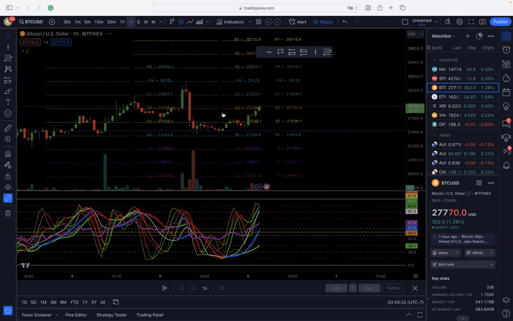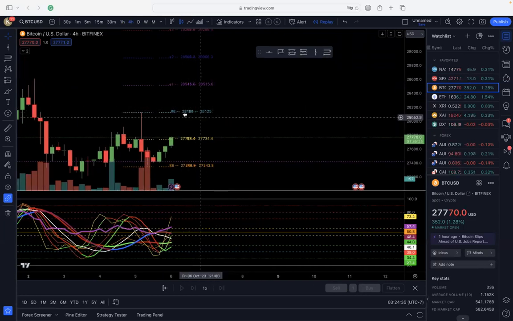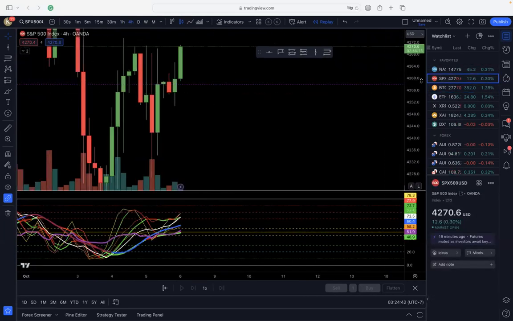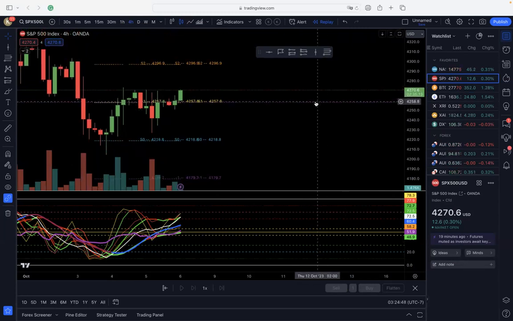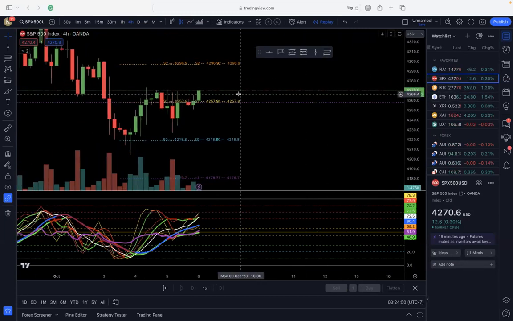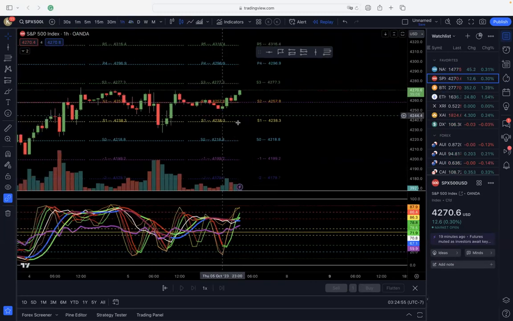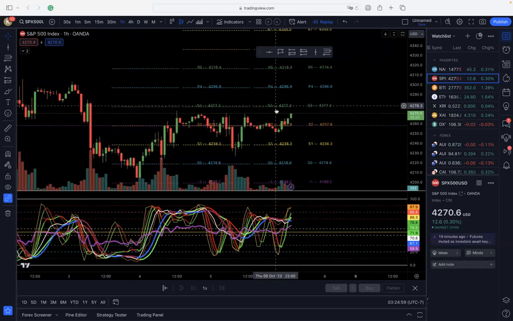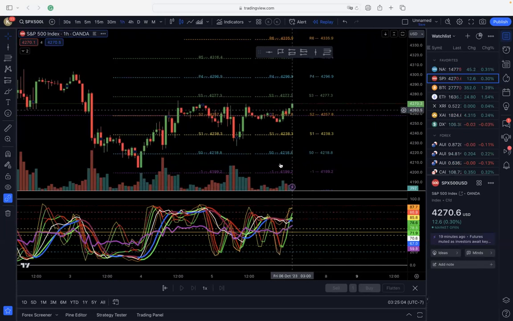So what I would like to see, look at the 4 hour as well, is price push back up to this R. Oh, I'm looking at Bitcoin. Dang. What I would like to see is price push all the way up to this P4 area before it comes back down.